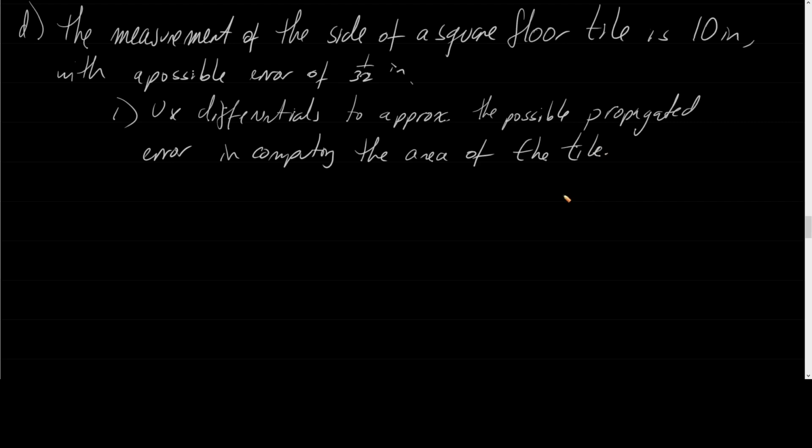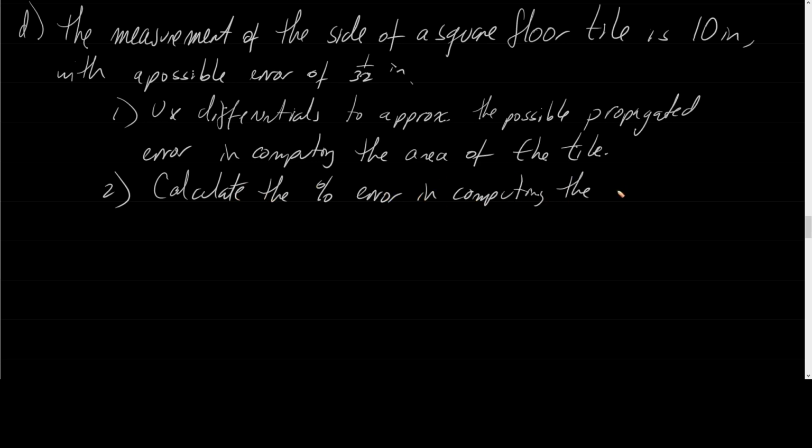All right, so what is it saying? Let's think about what we have here. There's two questions. That's the first one. The next question is: calculate the percent error in computing the area of the tile.